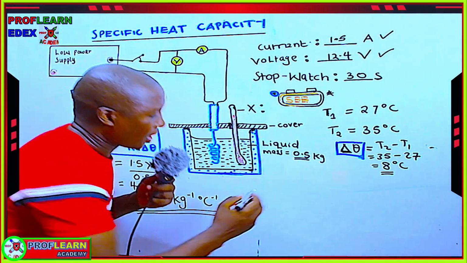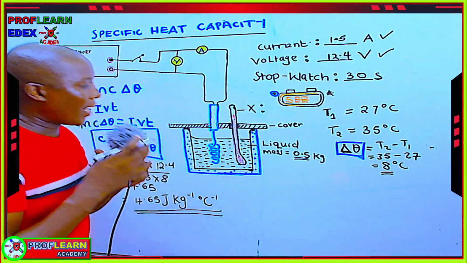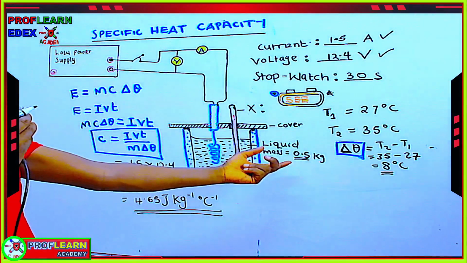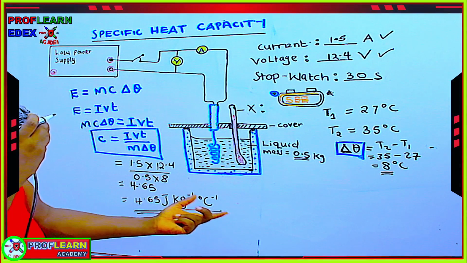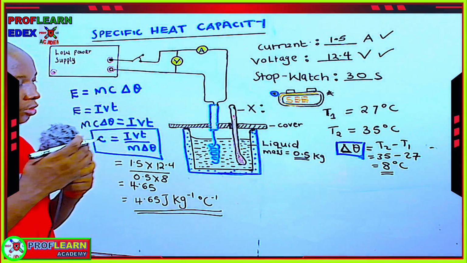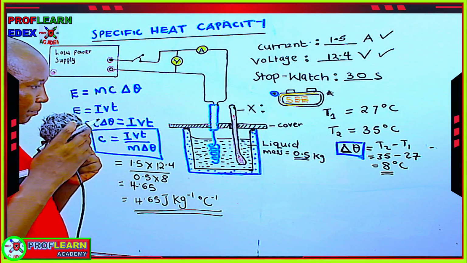Sometimes you may be told that the theoretical value of the specific heat capacity of this liquid is much less than what we have at this point. So those are the sources of errors in the experiment.